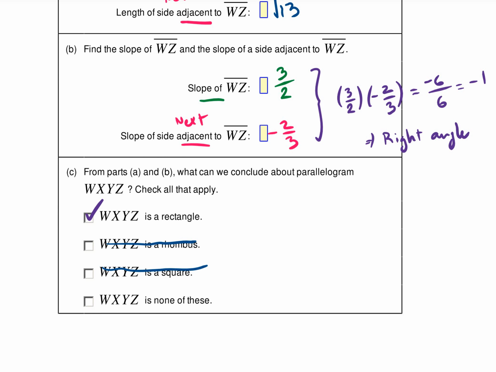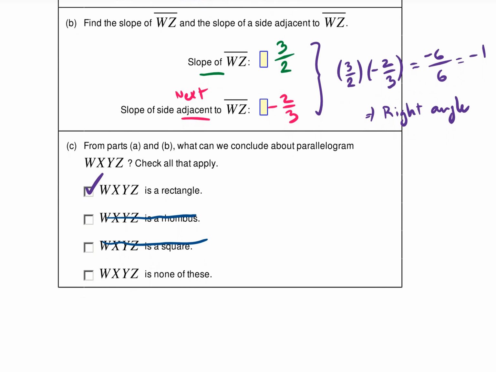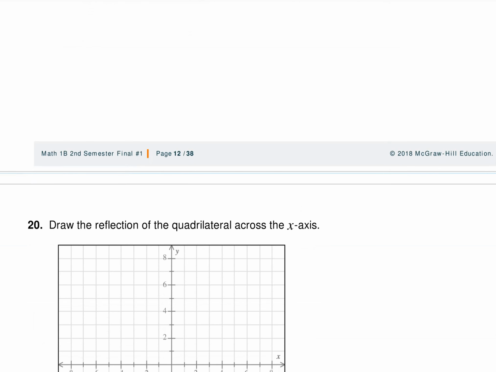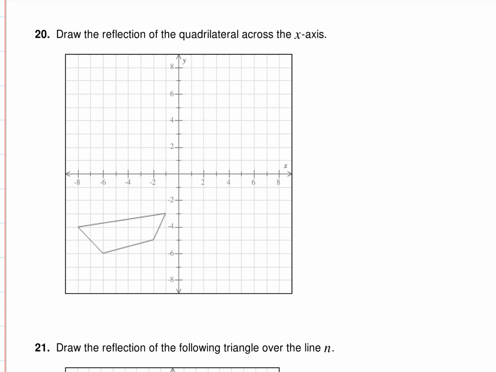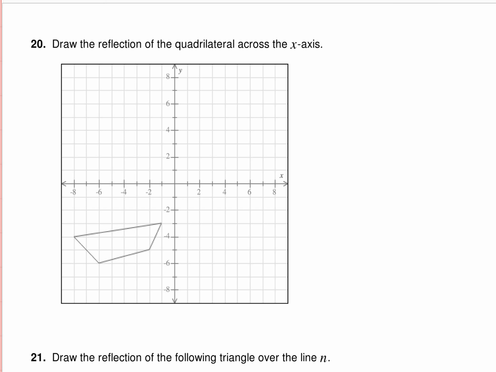So the answer would be a rectangle, because a parallelogram which has one right angle is a rectangle. Problem 20, we're going to keep for the next video.